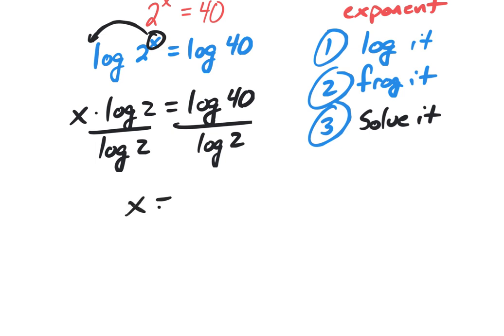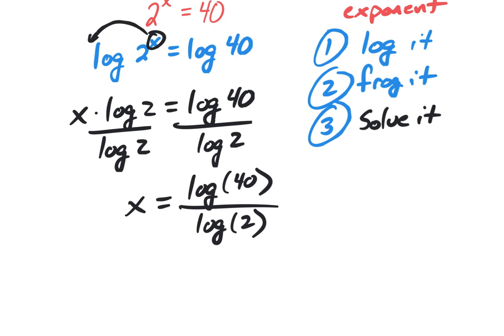When we put this into our calculator, most calculators, or some at least, will put an automatic parenthesis in front of the 40 when you hit log. You need to close that off after the 40. So hit log 40, close the parenthesis, divide by the log of 2.